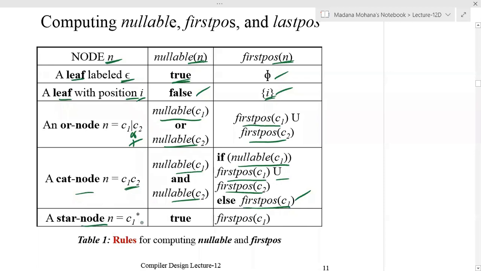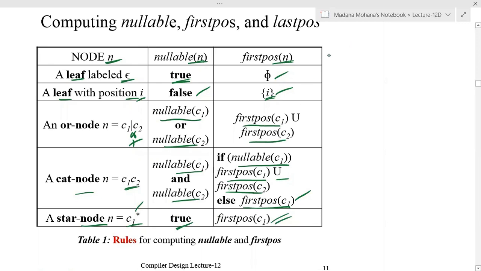Then for the star node, denoted with asterisk closure, that is child C1 closure, by default a star node contains null, so it returns true for nullable. For first position, we take first position of C1 directly as the first position of n. These are all the rules for computing nullable and first position.